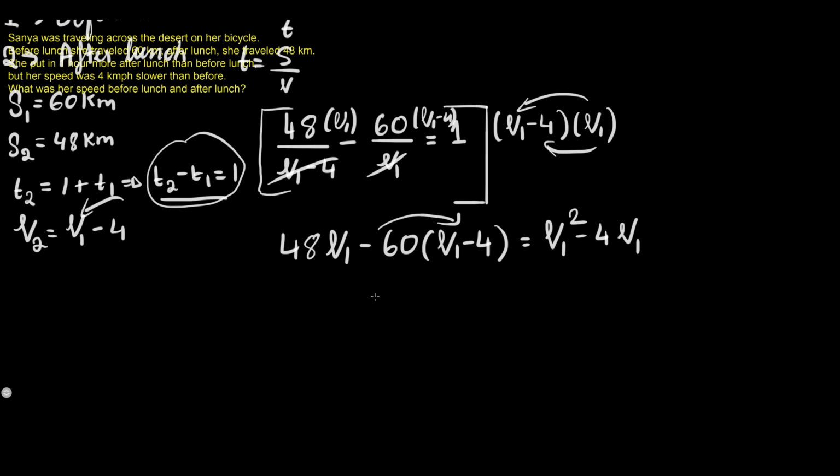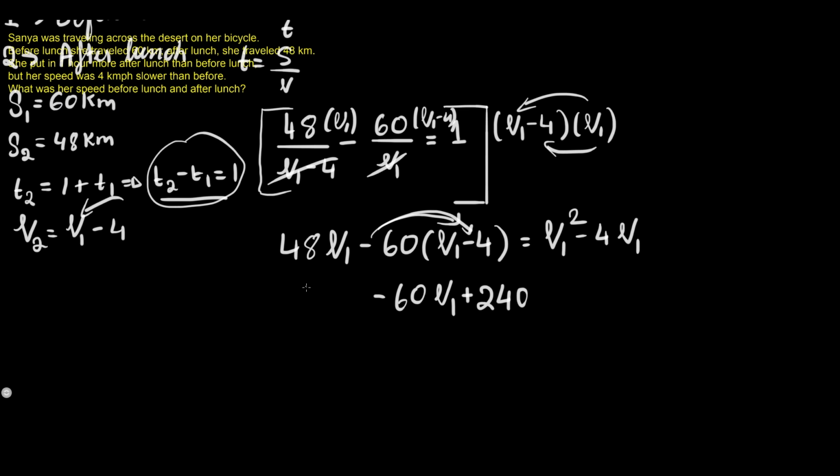So we get minus 60 V1. Now minus into minus is plus. Actually, I don't really know why minus into minus is plus. If you all know why, please comment below. So minus minus will give me plus. So plus 60 times 4 is 240. For you, I think it's also 240.